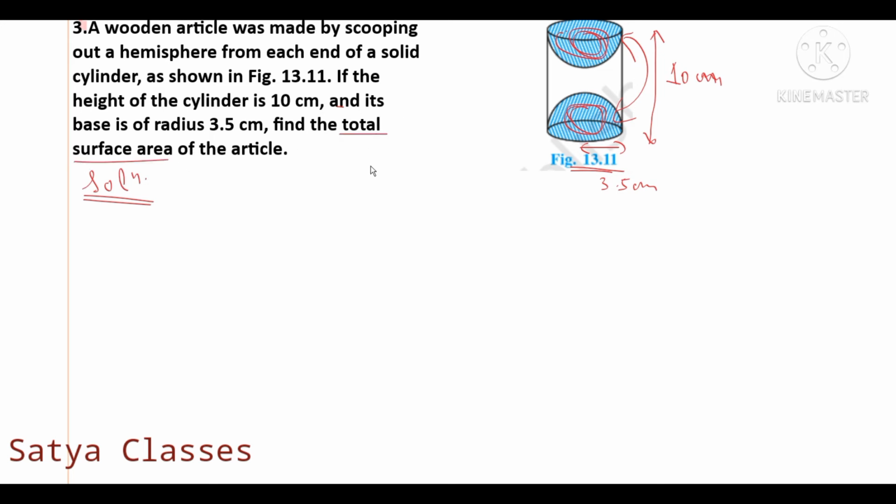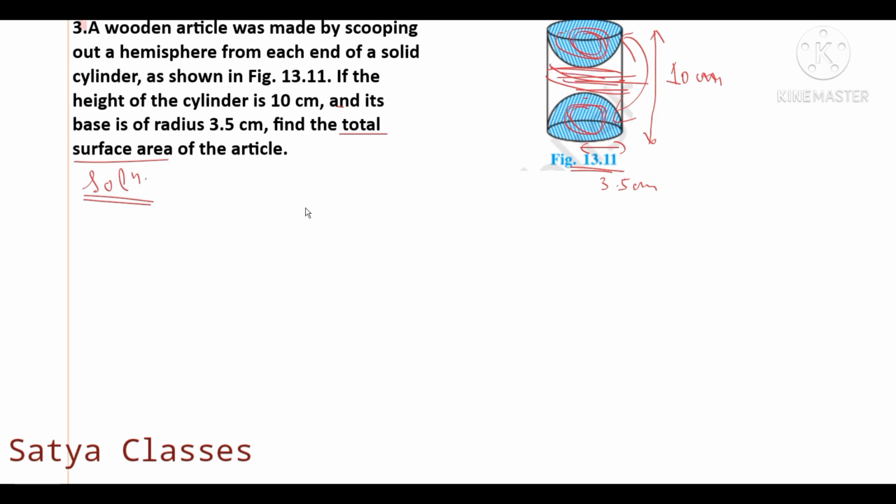Now how many surfaces do we have? There is one surface of a hemisphere at one end, and the second surface is at the second end. So we have a complete sphere right now, by combining the two hemispheres and one cylinder.